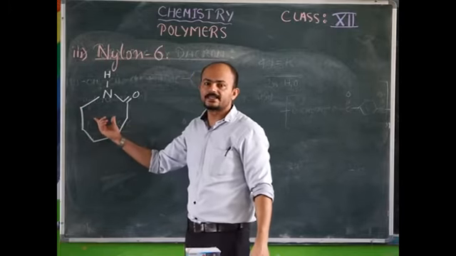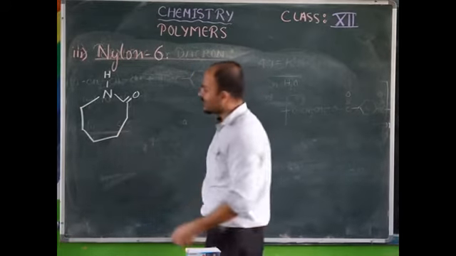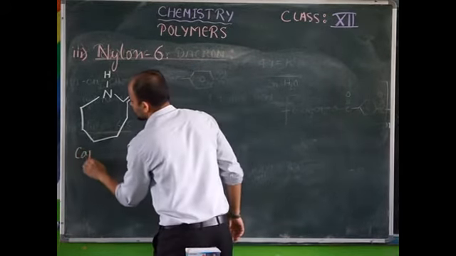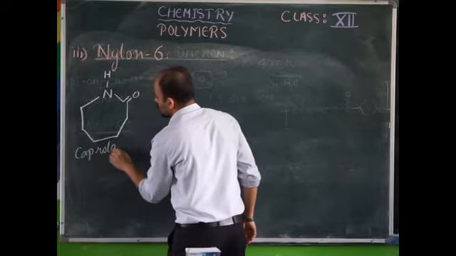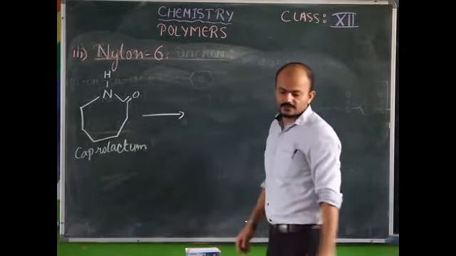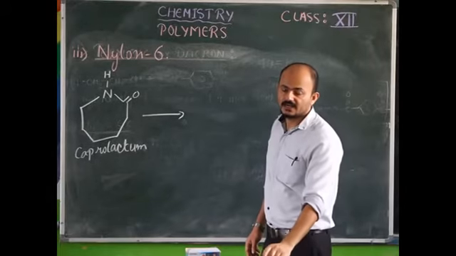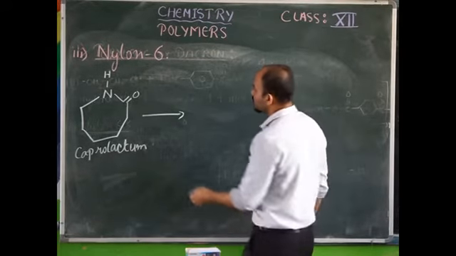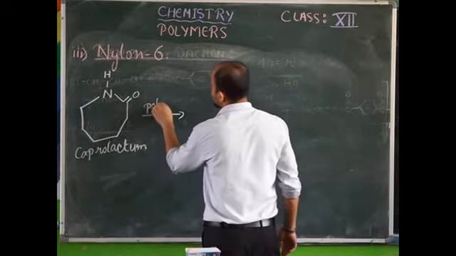This is a seven-membered ring, and its name is caprolactam. Nylon 6 is also known as Perlon, P-E-R-L-O-N.